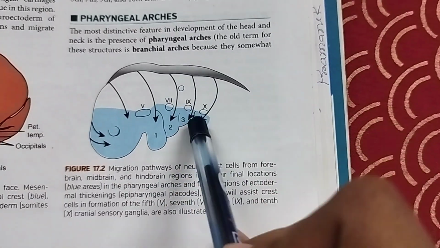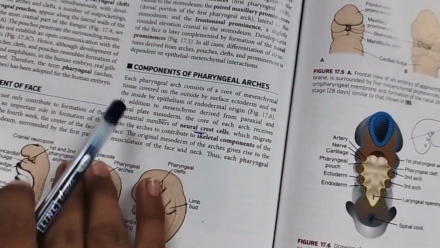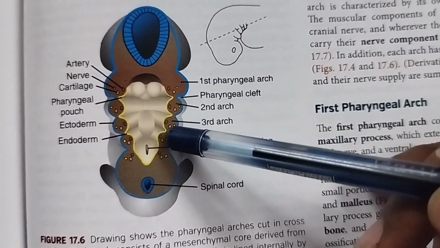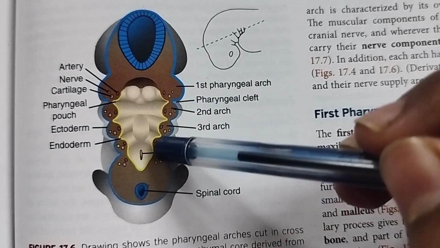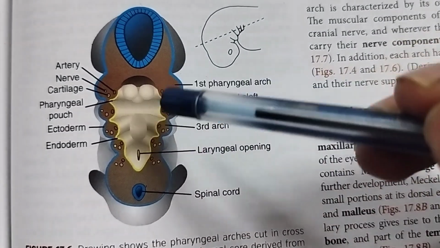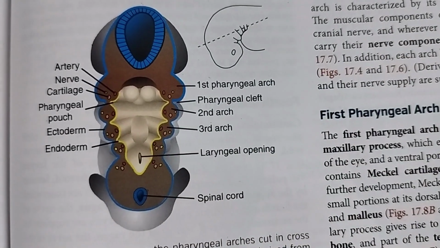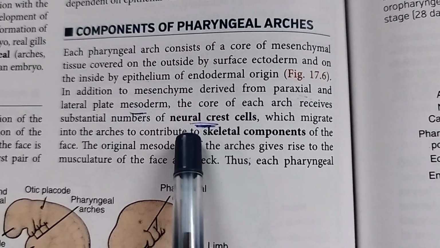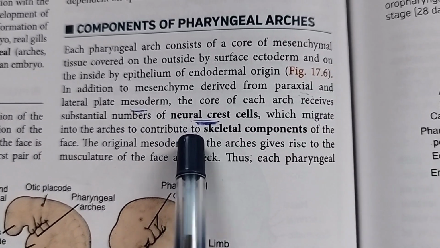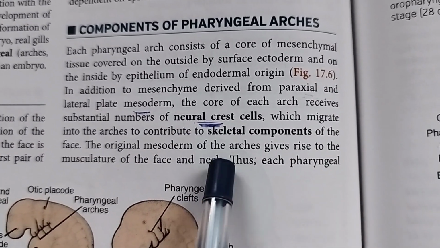In this diagram you can see, this brown colored mesenchymal tissue contains neural crest cells and mesodermal tissue. Neural crest cells give rise to skeletal components that are derived from the arches.